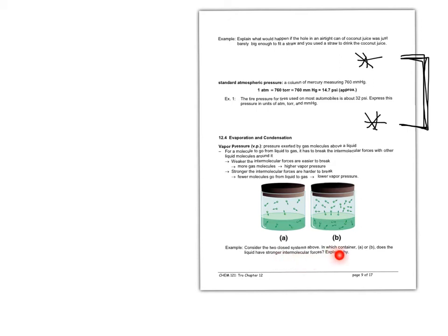It says, in which container, A or B, does the liquid have stronger intermolecular forces, and explain why? Based on everything we just talked about in this reading, look at these two and tell me what you think the answer is. This is very interesting. I'm looking forward to reading and hearing your answers to these problems.